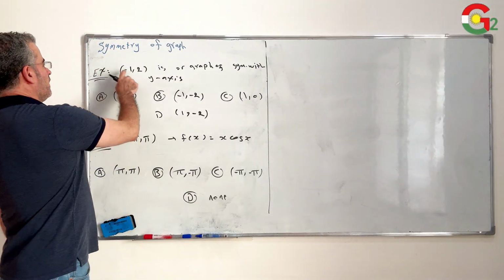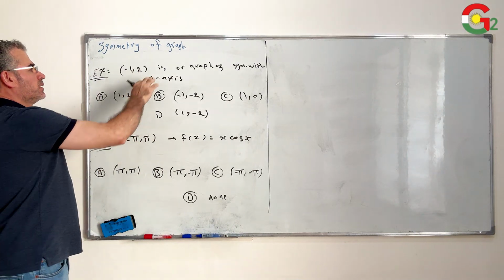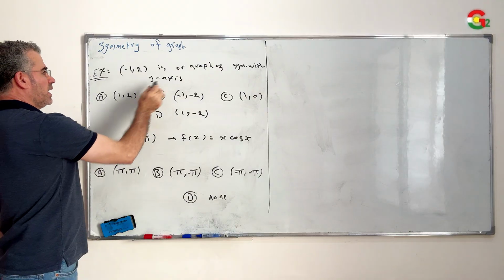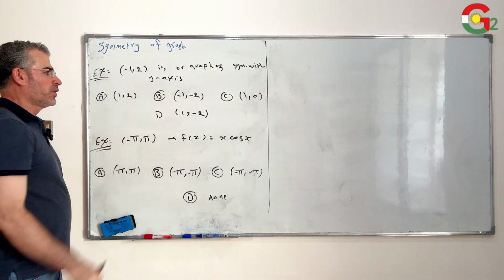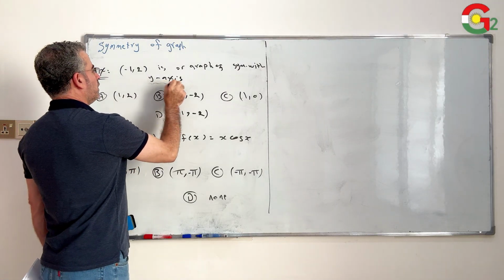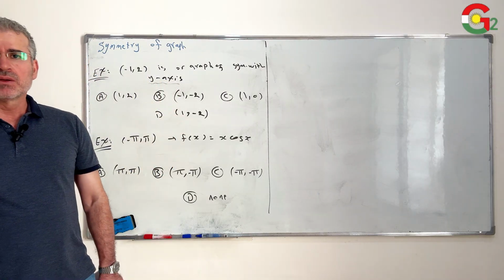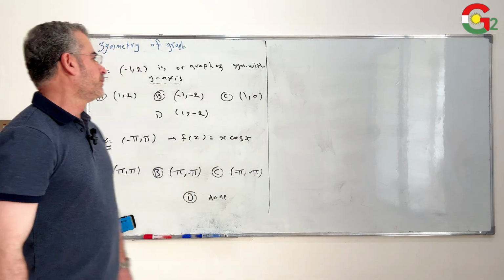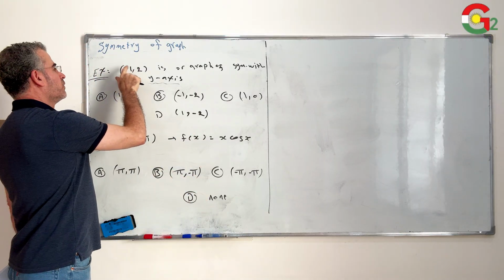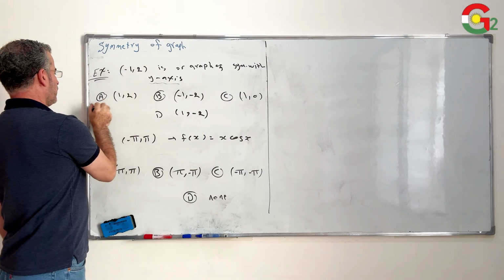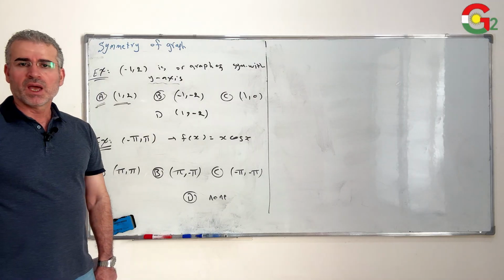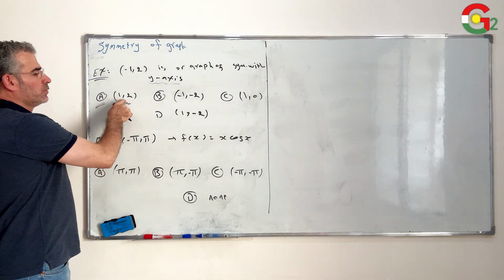Another example: if negative 1, 2 is a point on the graph of a function symmetric with the y-axis, which of the following points is also on the graph? We know when the graph is symmetric with the y-axis, then when negative 1, 2 lies on the graph, 1, 2 is also on the graph. The right choice is A. Why 1, 2?